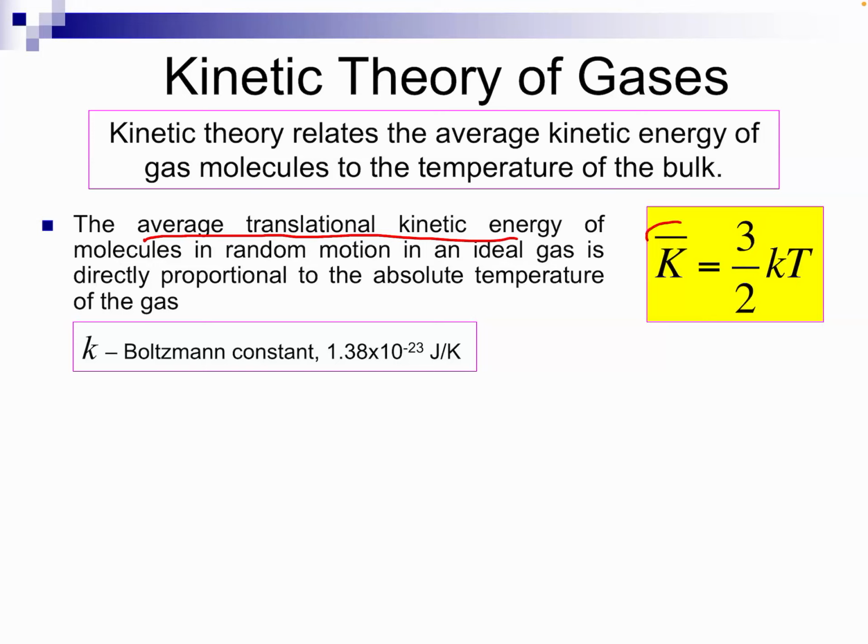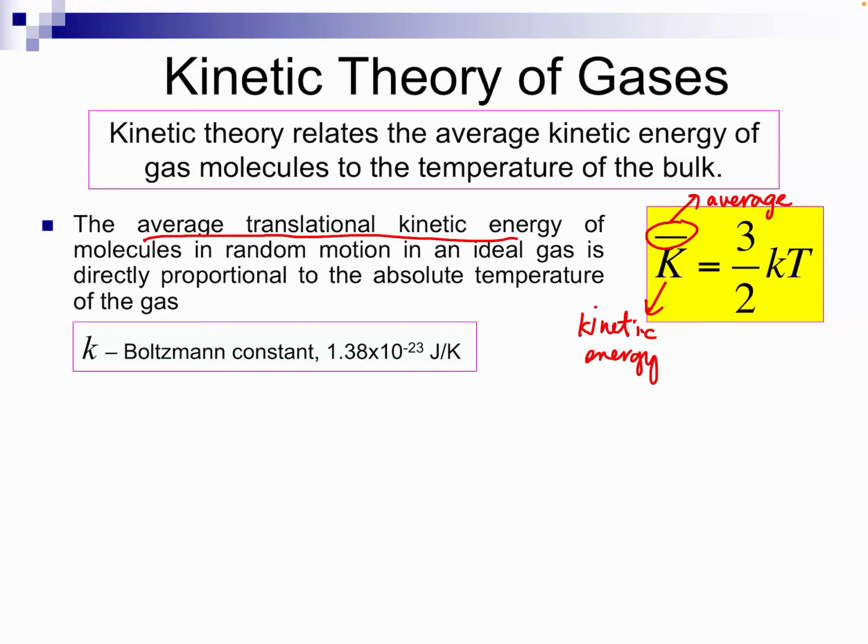So this bar, of course, we use K as the symbol for kinetic energy. The bar above the kinetic energy symbol means average. We're getting the average kinetic energy because you have many gas particles. For example, inside this balloon, you have many gas particles moving randomly with various speeds.